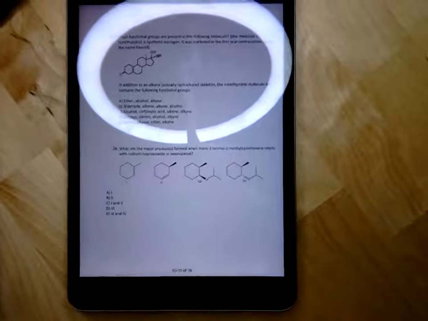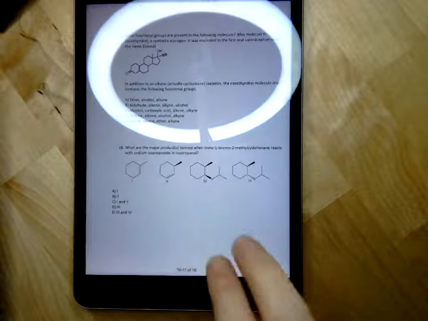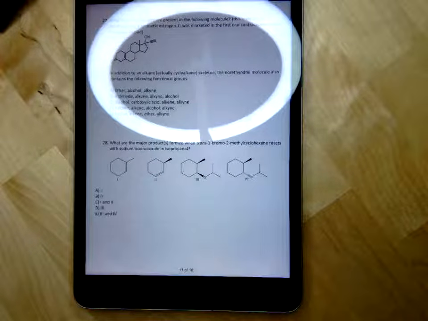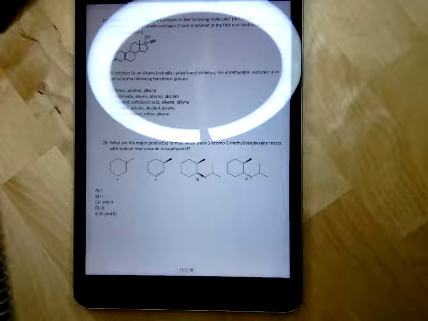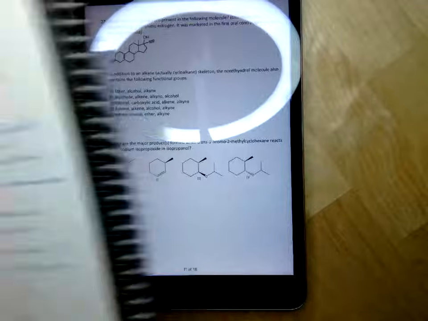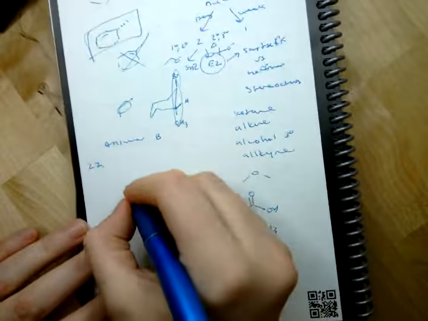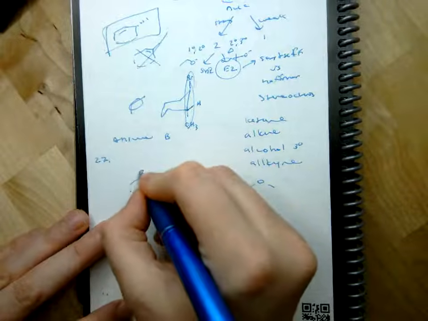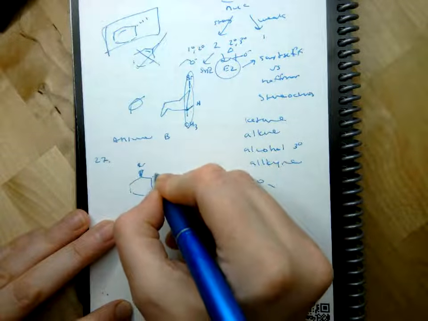Question 28. What are the major products formed when trans 1-bromo-2-methylcyclohexane reacts with sodium isopropoxide and isopropanol? So I'm going to draw this back out again. 1-bromo, and I think it was trans, 2-methyl.